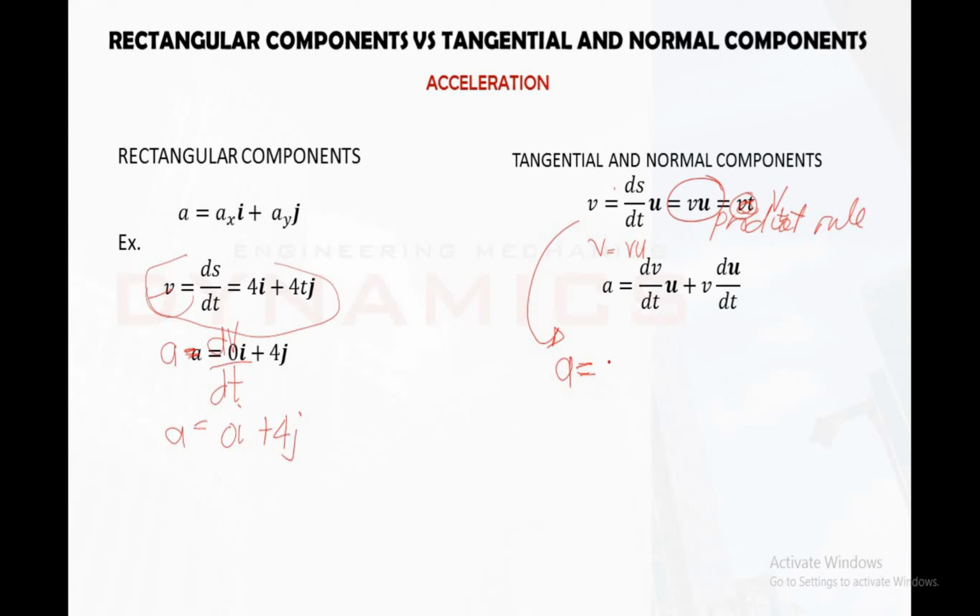Pag product rule, copy the first function, multiply it by the derivative of the second. The derivative of u is du over dt, plus copy the second term, multiply it by the derivative of the first term, that is dv over dt.